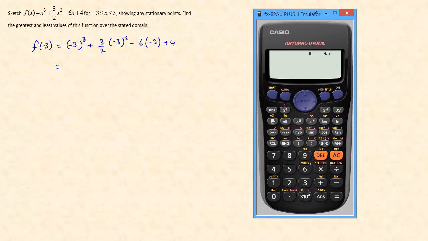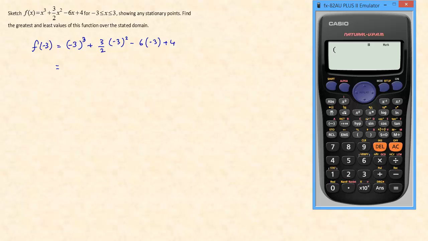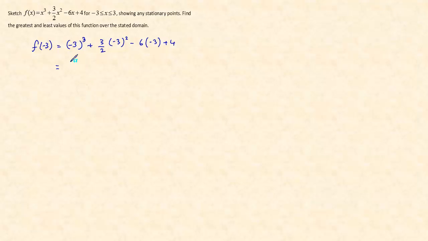So, using our scientific calculator, we have -3 cubed, add 3 over 2 times -3 squared, take away 6 lots of -3, add 4. That gives us 17 over 2.